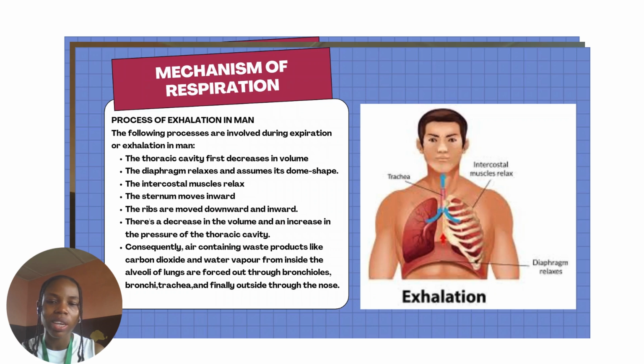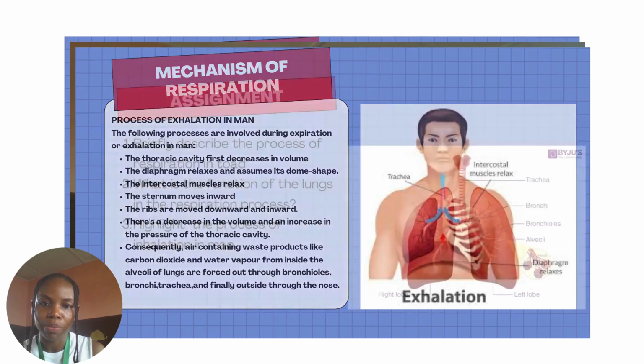Consequently, the air containing waste like carbon dioxide and water vapor from inside the alveoli of the lungs is forced out through the bronchioles and the bronchi, the trachea, and finally moved outside through the nose. That is the process of exhalation in man.